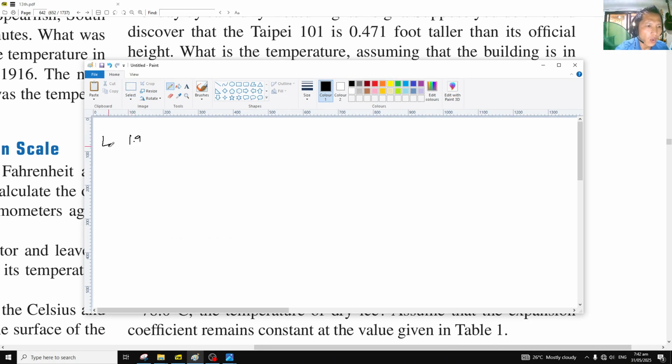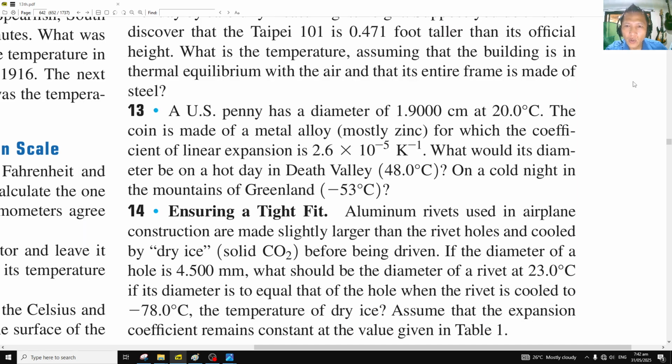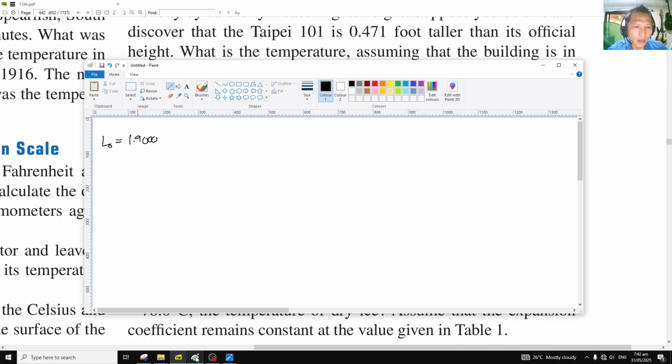That is L0, the original length, 1.900 centimeter, at T1 equal to 20 degrees Celsius.